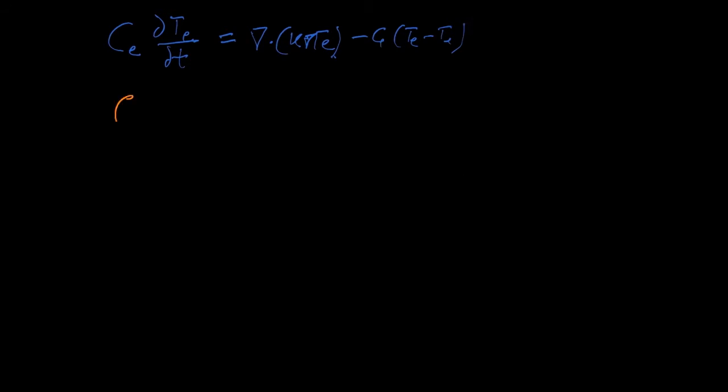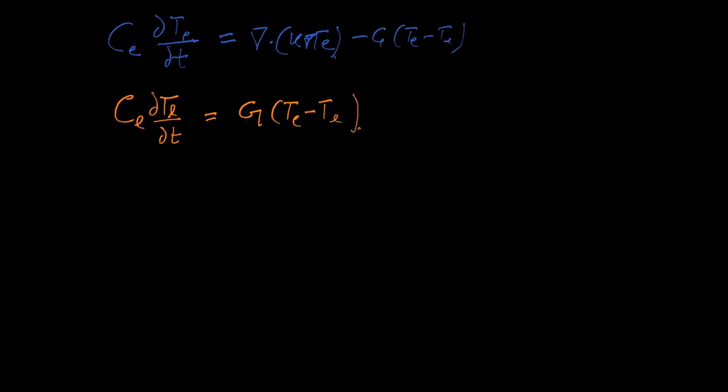And for the lattice part we would get C_L ∂T_l/∂t equal to G (T_e minus T_l).